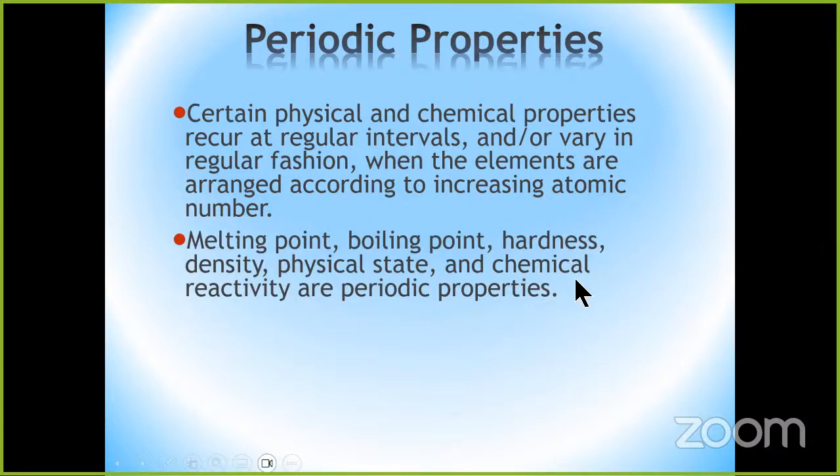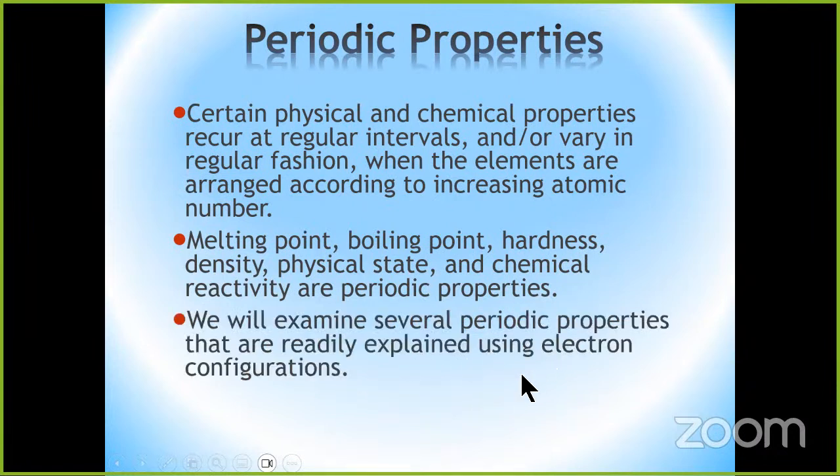And we can see similar patterns in other groups, all right? So what we're going to look at is basically how we can observe and understand these different properties in relation to the electron configurations of the atoms in the periodic table, because after all, it is the electron configurations that allow us to come up with the current version of the periodic table.